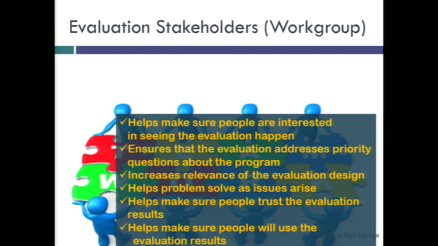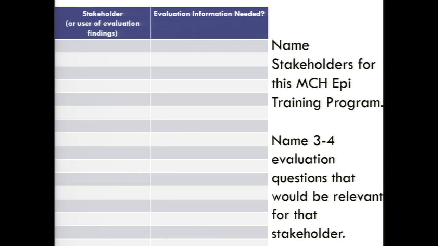All right, so you need a piece of paper and a pen, because what I want you to do is just write down 3 or 4 stakeholders for this maternal and child health EPI training program. So just write down 3 or 4 stakeholders. Does everyone know what I mean by that?